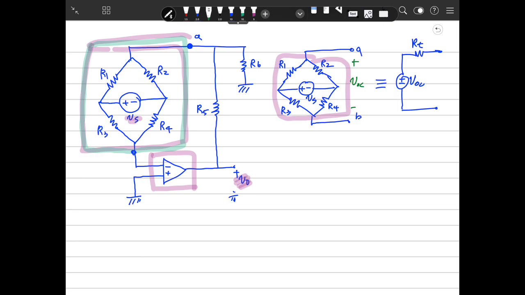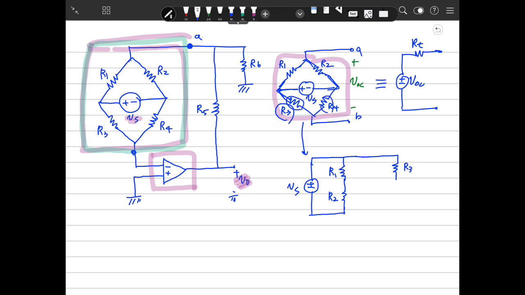So to get the open-circuit voltage, we redraw the circuit here. We can draw the Vs in this way, and Vs is connected in parallel with two branches. One is R1 and one is R3. R1 is connected to R2, and R2 is connected to minus.